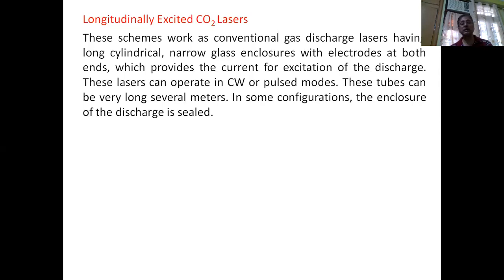These lasers can operate in both continuous wave and pulsed modes. These tubes can be very long, several meters sometimes. In some configurations, the enclosure of the discharge is sealed.